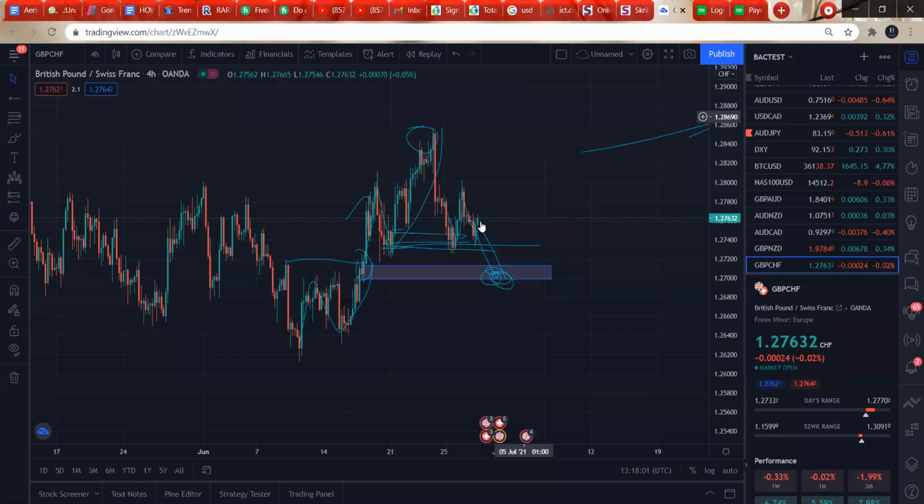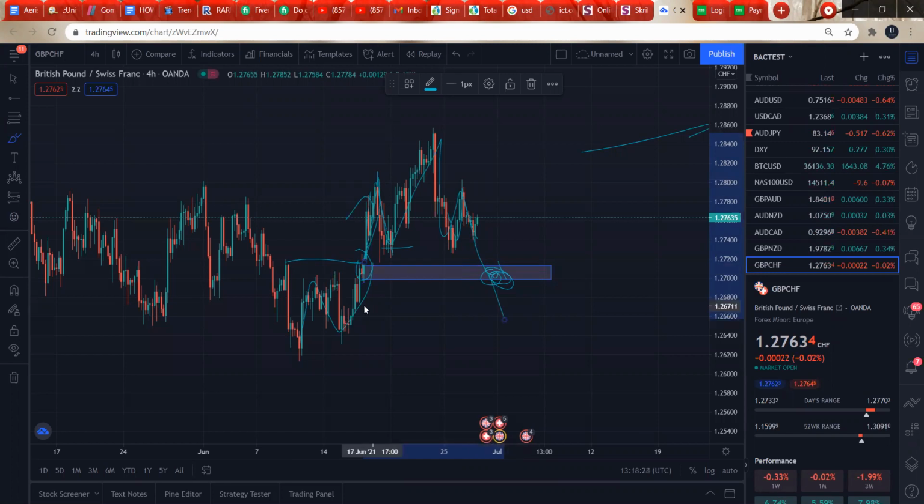Let me just do this. You can see the nature of this market, that it looks like a head and shoulders formation that is going to happen.